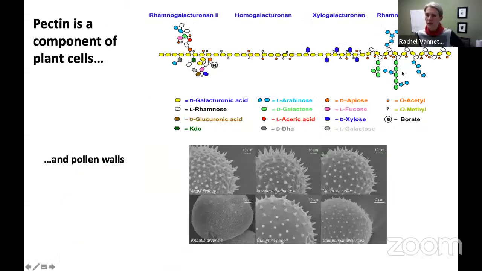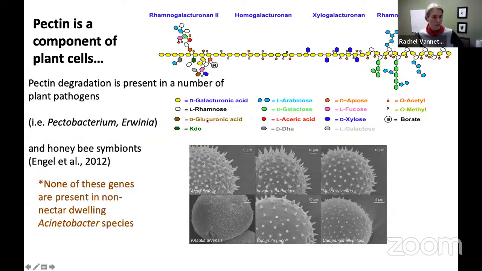And so this is relevant to us because pectin is a component of plant cells, and it turns out of pollen cell walls. Based on the previous literature that looked at bacterial species that contain these genes, pectin degradation is present in a number of plant pathogens, things like Pectobacterium or Erwinia.